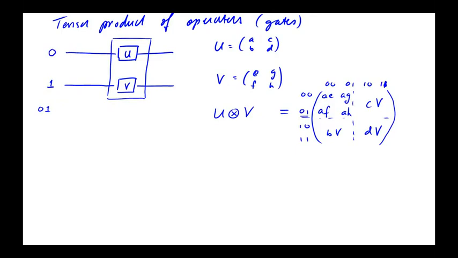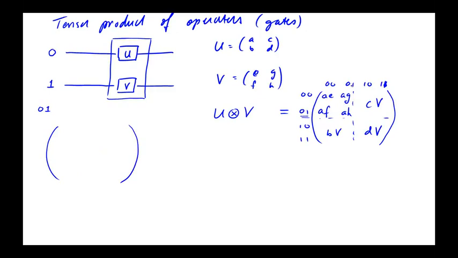Now let's understand what happens if we apply U to this qubit. Remember, it's only applying it to this first qubit and leaving the second one unchanged.